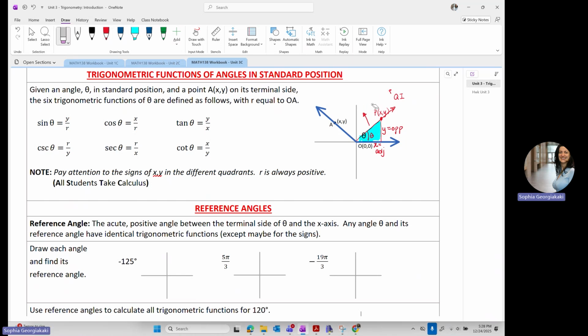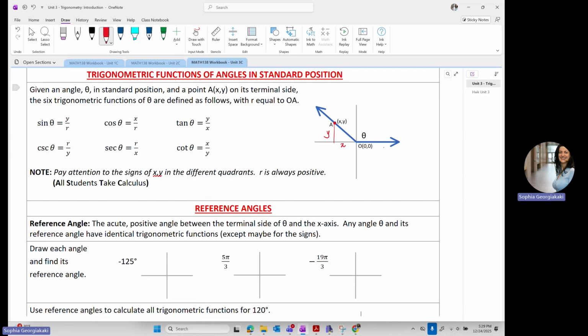So I'm going to erase those notes. In our example, our angle theta is in quadrant 2. And the way that we will be sketching that would be that we will be picking a point on the terminal side. We will sketch a right triangle attached to the x-axis, and we will know that the opposite, the y coordinate, will be positive in quadrants 1 and 2 and negative in quadrants 3 and 4.